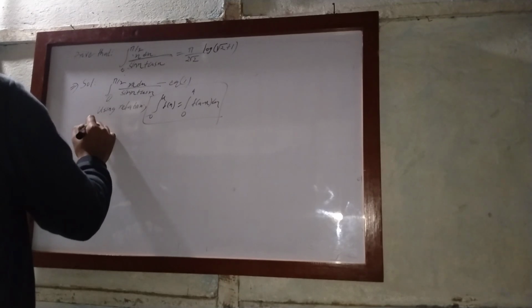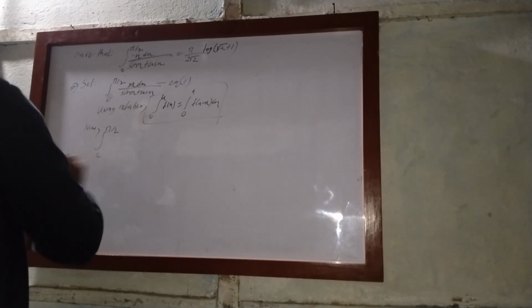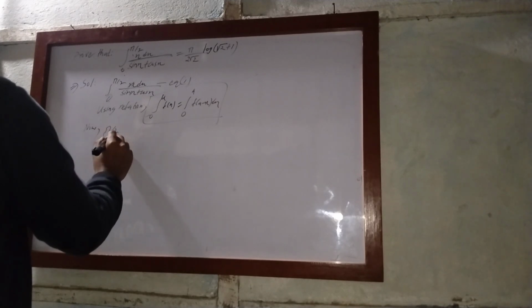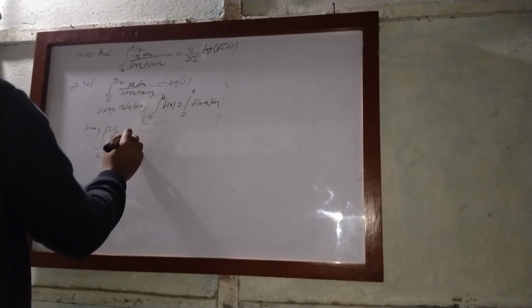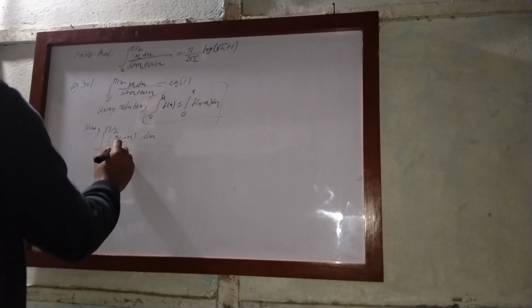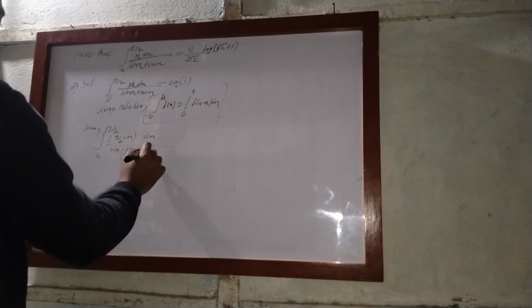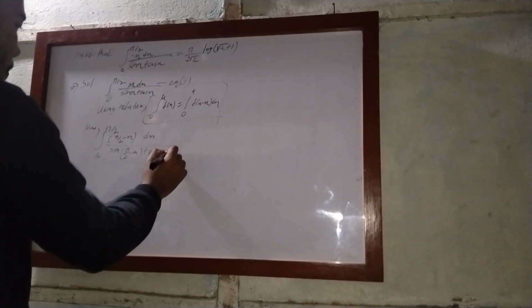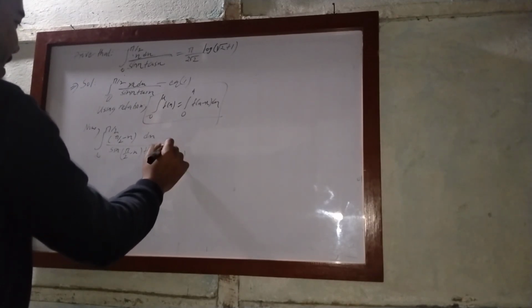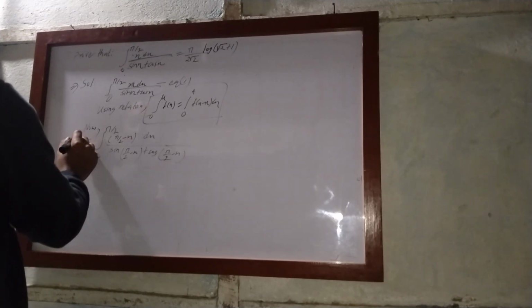Now, the integral from 0 to pi by 2, put pi by 2 minus x, dx by sin(pi by 2 minus x) plus cos(pi by 2 minus x). This is equal to I.